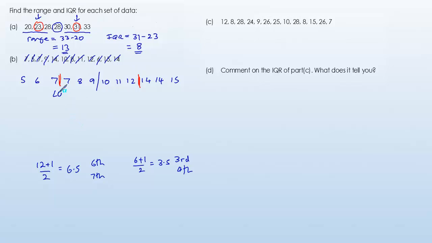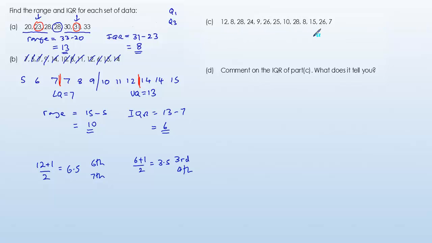So my lower quartile, or Q1 as we often call it, is 7, and my upper quartile, or Q3 as we often call that, because the median is sometimes called Q2, this one is 13. So my range is going to be biggest take away smallest, gives me 10, and my interquartile range is the upper quartile take away the lower quartile, and that gives me 6.